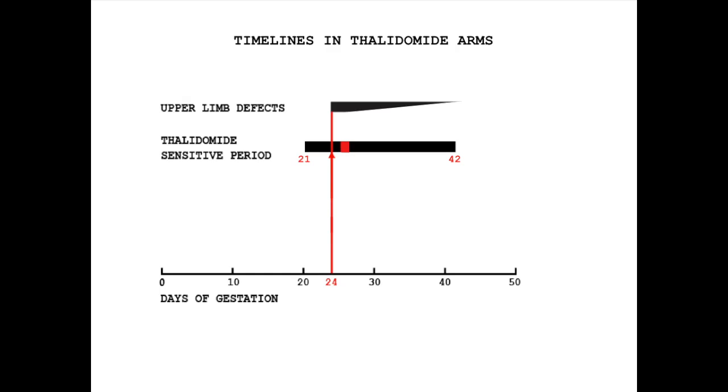Exposure from day 24 of gestation generated arm defects. Exposure from day 27 generated leg defects as well. Novak and Lenz concluded that the morphological type of birth defect was essentially a function of the time of intake of the drug, not the dose.